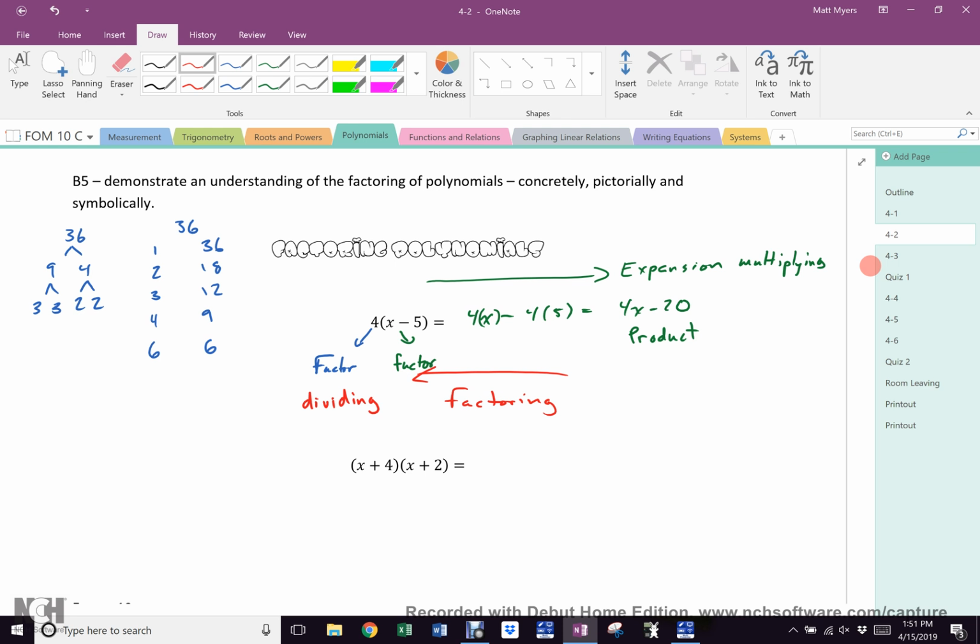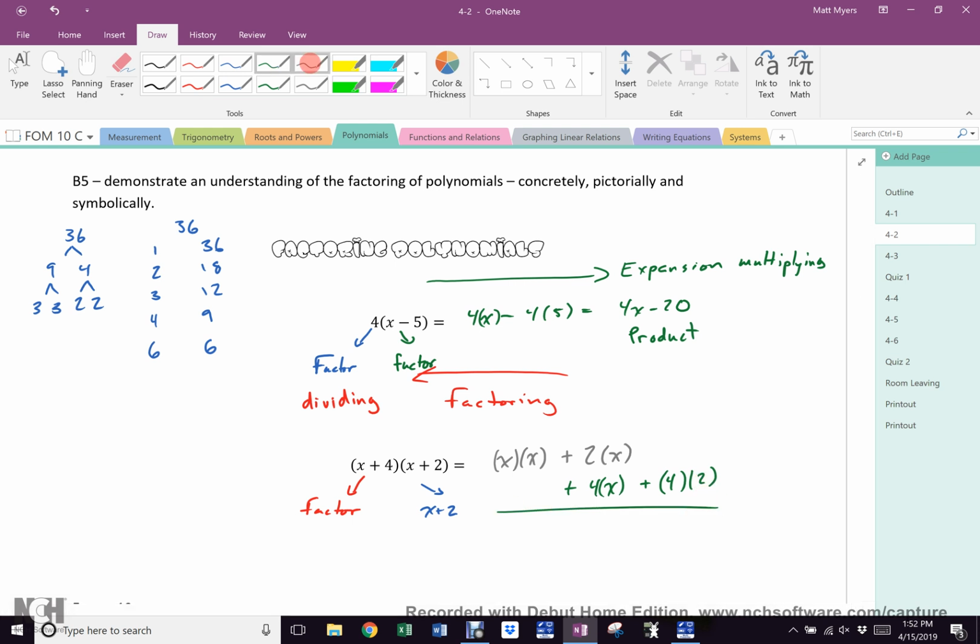Okay. What is the first factor? No. X plus 4 is the first factor. What is the second factor? X plus 2. If I want to make the product, what do I do? I do x times x plus 2 times x plus 4 times x plus 4 times 2.